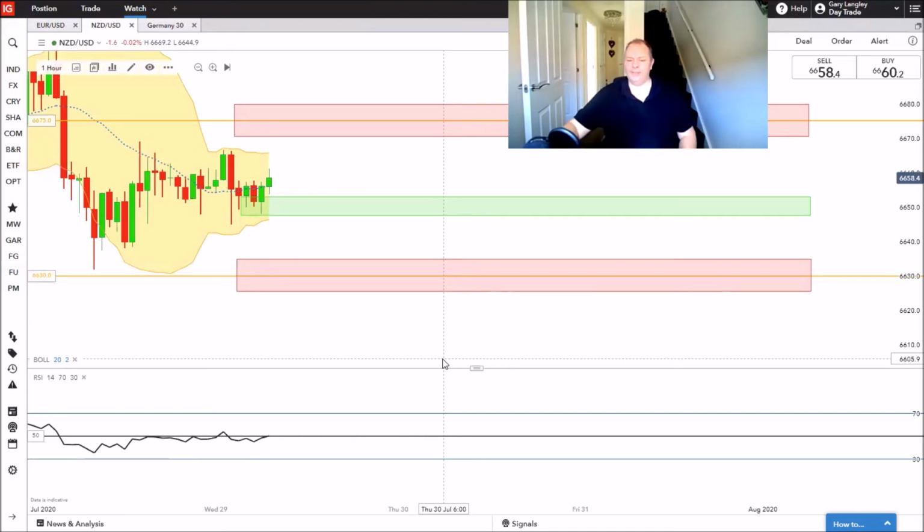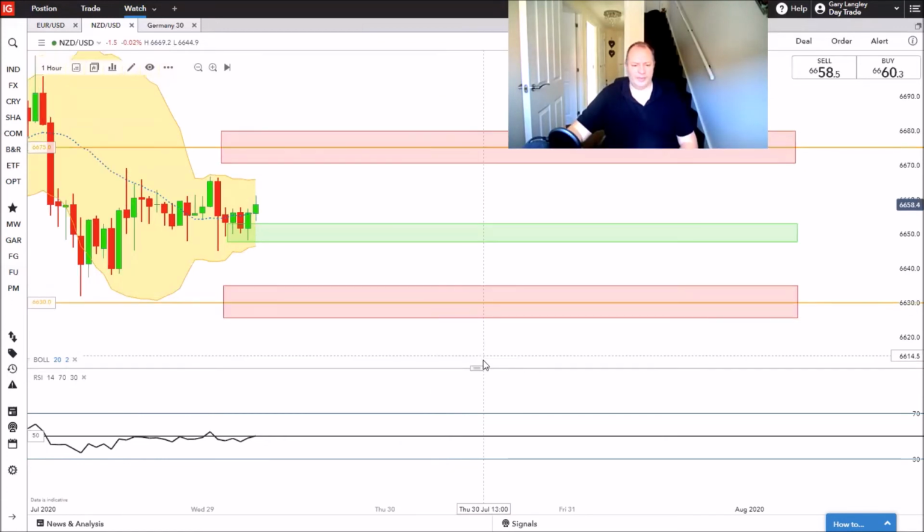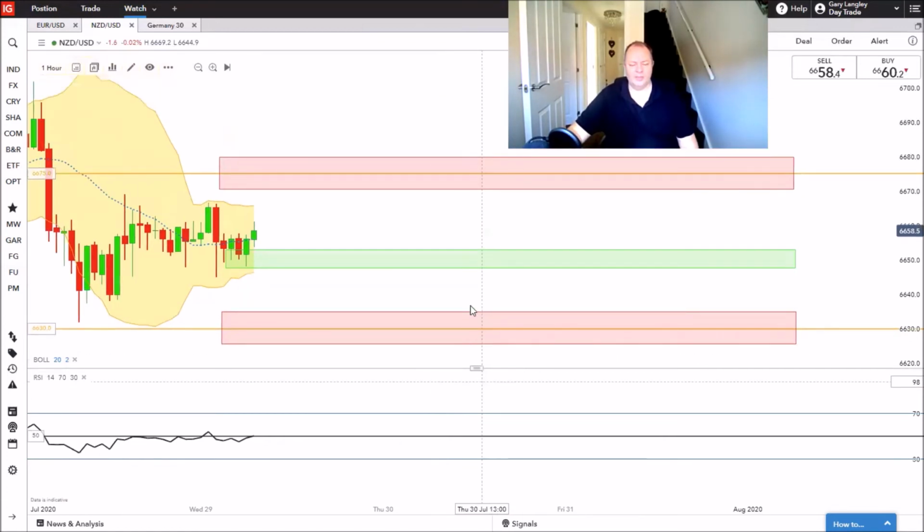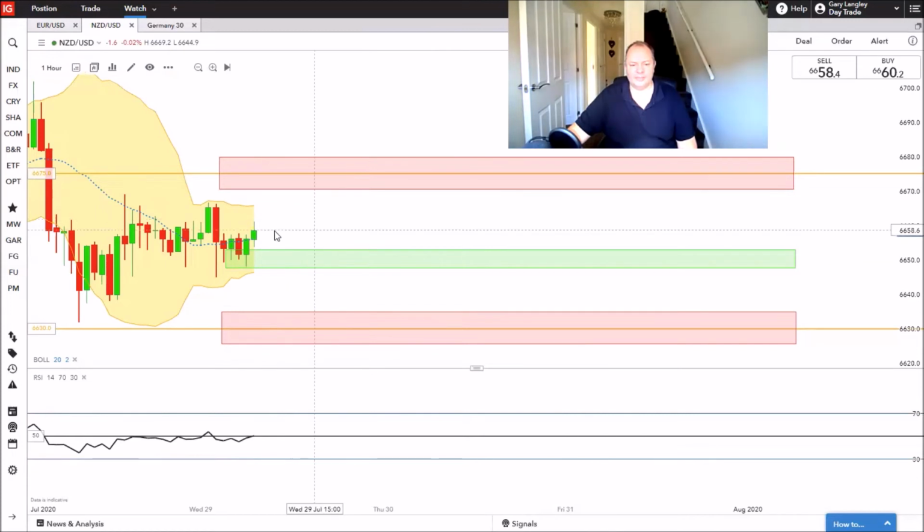Right, okay. So I'm going to stick with these two markets. They should be able to give me what I want. Let's have a look. 52. Not a great deal of movement in that. It's maybe 20 pips at best to get it up here.